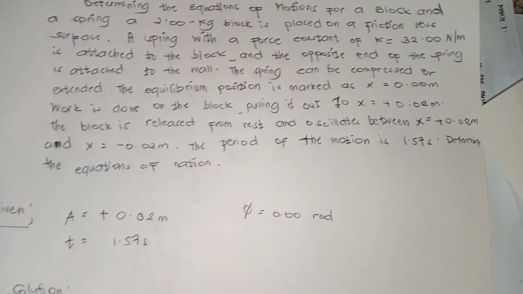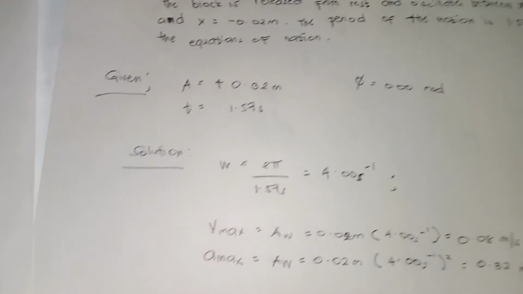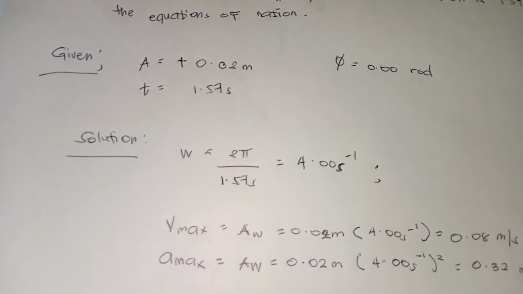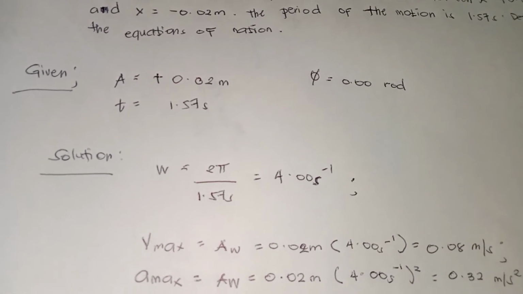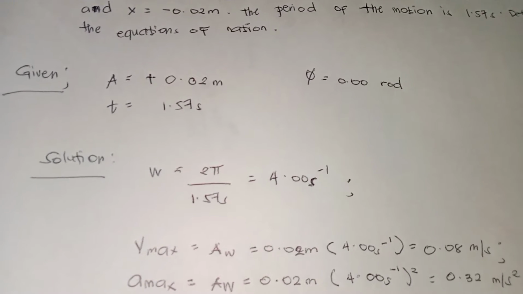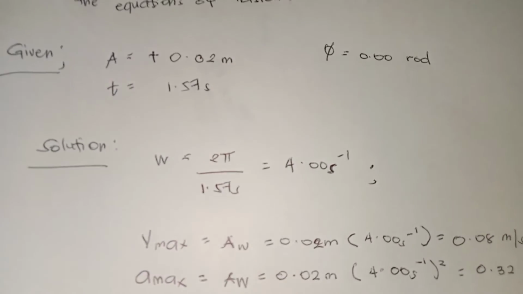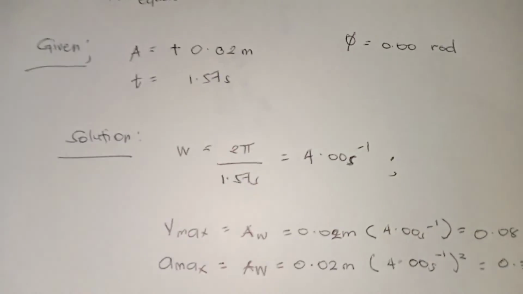Determine the equations of motion. For the given: A equals positive 0.02 meter, which is our amplitude, T, or time, is 1.57 seconds, and phi is 0.00 rad.